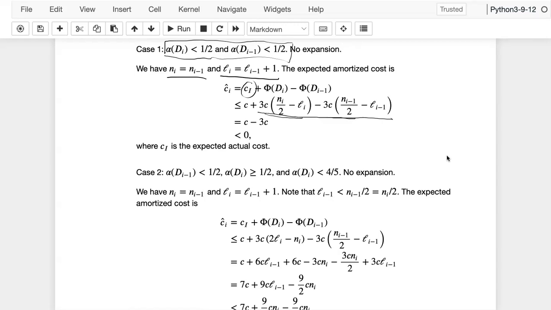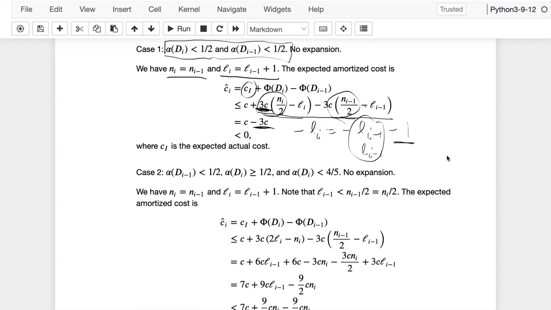We do some straightforward manipulation. This cancels out, and then minus l sub i is equal to minus l sub i minus 1, minus 1. The negative becomes positive, so this gets canceled. We get c minus 3c, so we get a negative 2c, which is less than 0. So it's a constant.